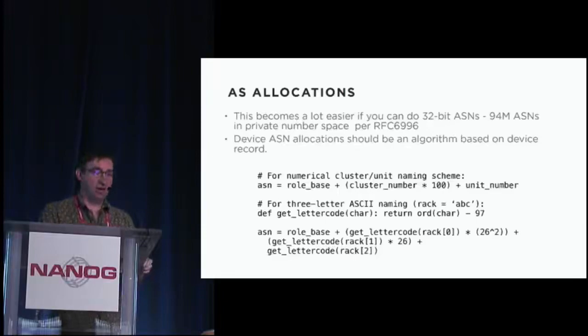In our case, our fabrics and clusters were based on a cluster unit number, so we used a scheme to do some math, taking those numbers to generate the AS number. For our racks, we use letter designations: AAA, AAB, AAC, and so on. So developing an AS allocation scheme from that wound up being done through some ASCII math, some pseudocode there, using 1 to 26 for each letter in the alphabet.